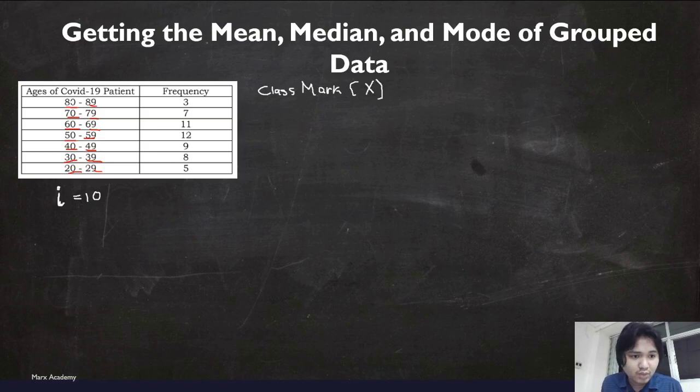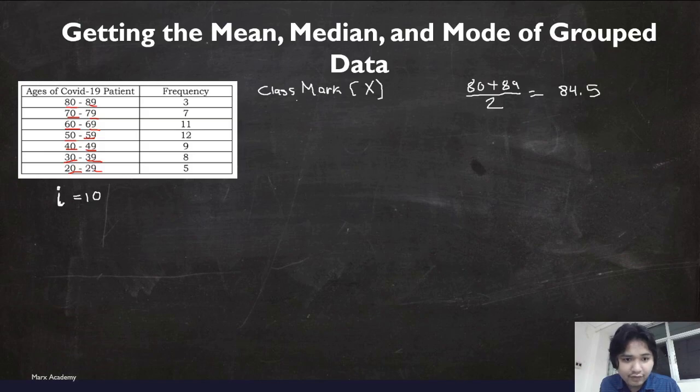The class mark of 80 to 89: 80 plus 89 divided by 2 is equal to 84.5.